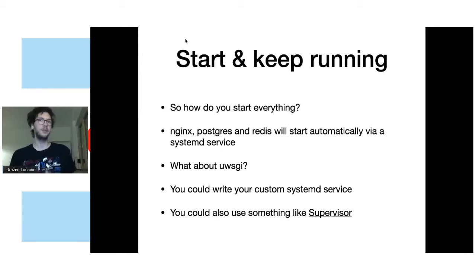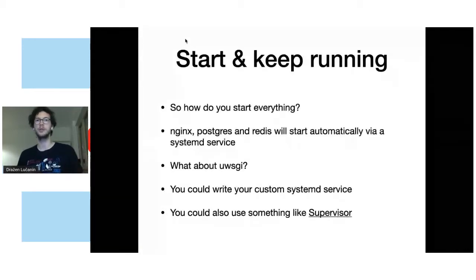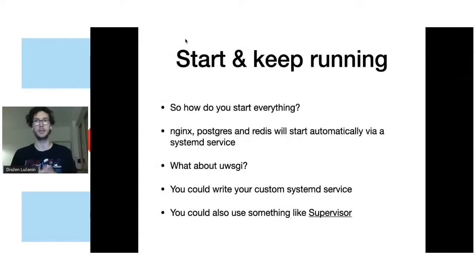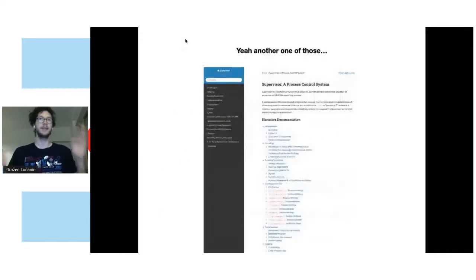For these things, you need to set up your own service to start them up. And for this, you could use either systemd, which comes with Debian-based operating systems, or you could install a separate service like supervisor. Yeah, it's another one of these very long and detailed tutorial websites that you need to go through, learning the ins and outs to get it configured.